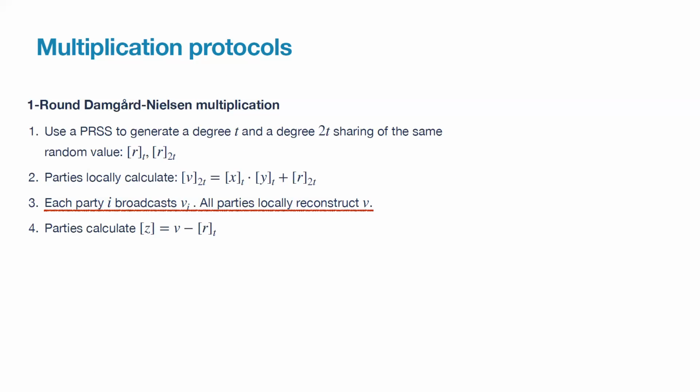Now, what we can use is the 1-round version of the Damgård-Nielsen multiplication protocol. In this protocol, instead of having one party play the king, it's as if every party is the king. So all the parties reveal their shares to everyone else, and everyone else will reconstruct this value. This has the advantage of having only 1 round, but usually it is more expensive in terms of communication.